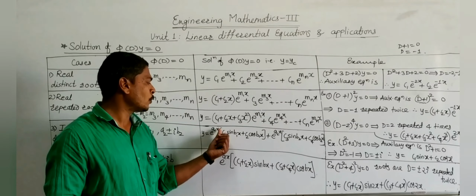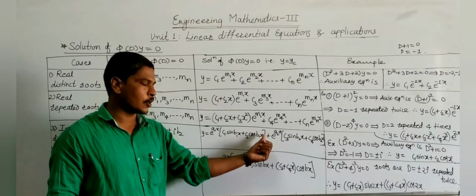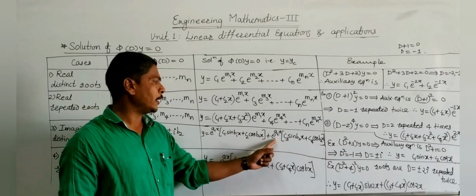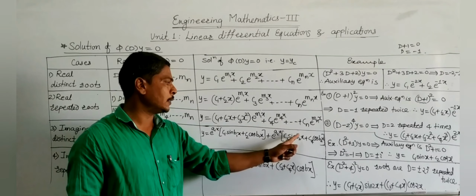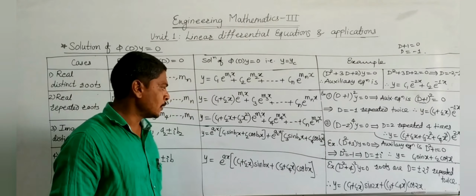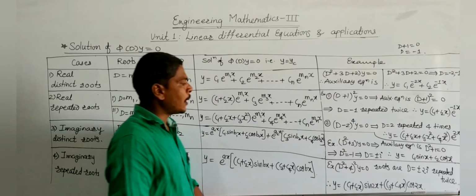So we get e raised to a1x into (c1 sin b1x plus c2 cos b1x), plus for the second root we also get e raised to a2x into (c3 sin b2x plus c4 cos b2x). So this is the solution if roots are imaginary and distinct.